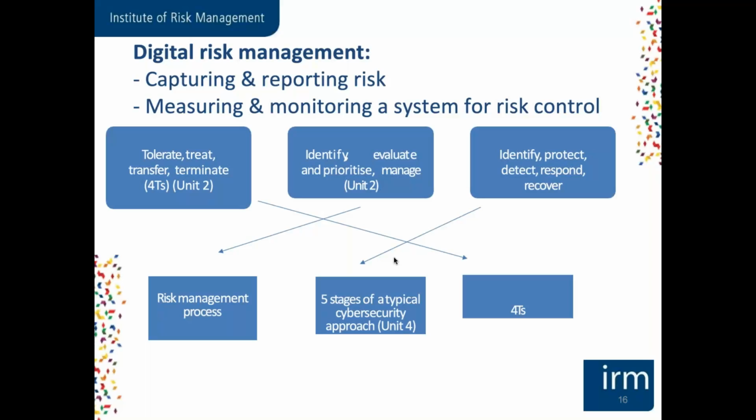So we've got the 4 T's that we've covered previously back in Unit 2, the steps to identify, evaluate, prioritise and manage, and so on, and the typical cybersecurity approach, which we talked about in our last webinar, I believe it was, when we talked about the highlights of Unit 4. So again, just to make sure that you can explain all of those and give them some context as well.